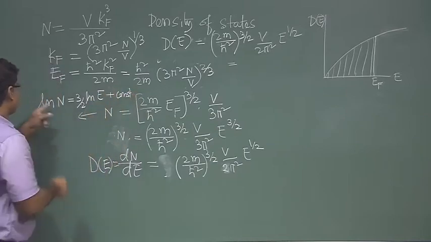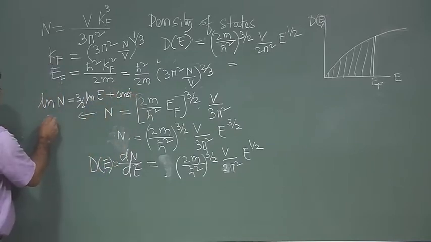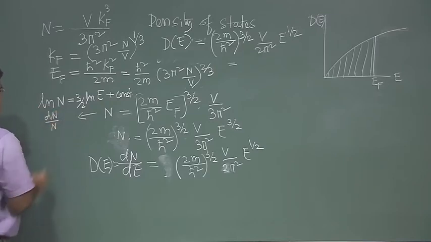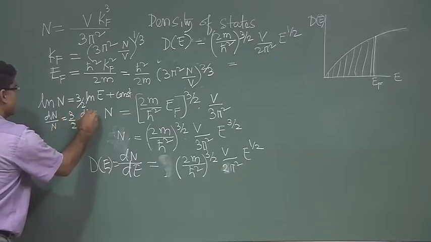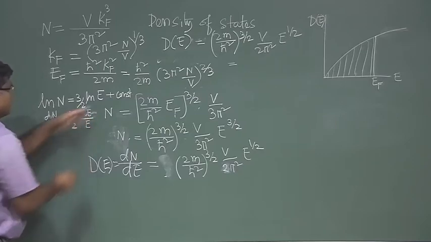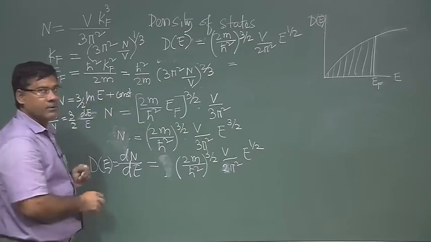So if I differentiate, you know that dn by n is equal to 3 by 2 dE by E, right, and the constant will go.